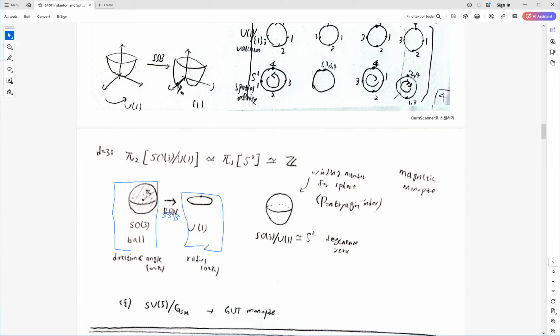This is represented by the radius with the arrow. So the degenerate vacuum is SO3 over U1, which is isomorphic to S2. So the pi two of S2 is isomorphic to Z. So this is also the winding number or topological index, which classifies the magnetic monopoles topologically.